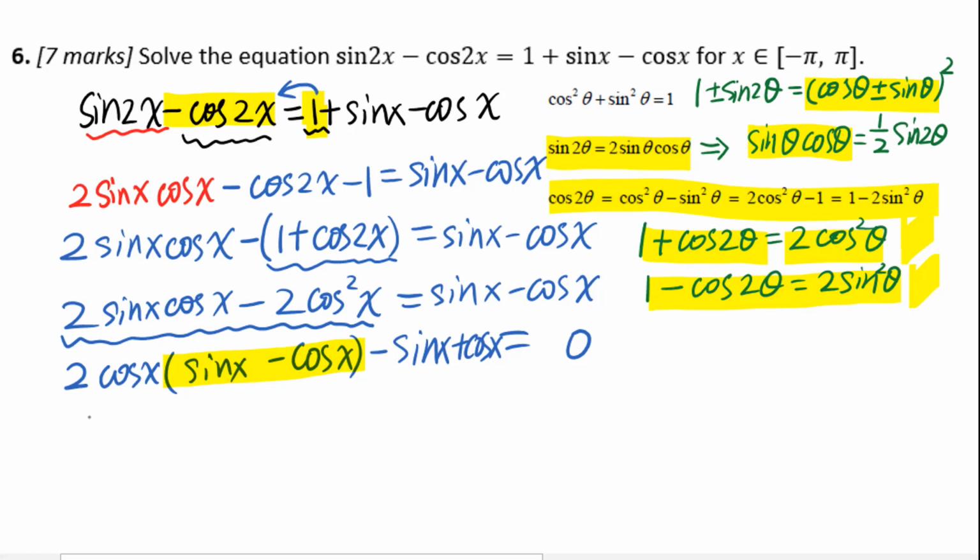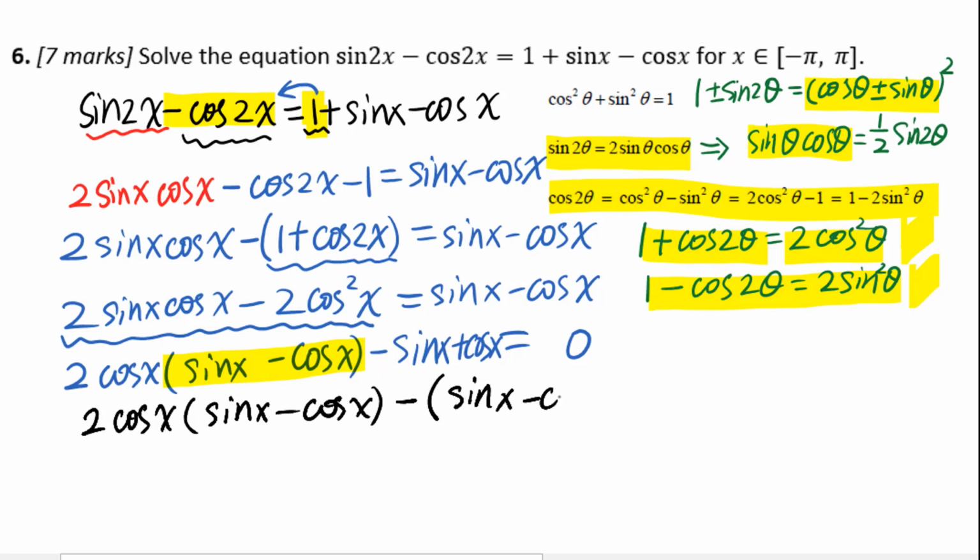Therefore, we will do 2 cosine x, sine x minus cosine x, minus parentheses, sine x minus cosine x, because we take a negative 1 outside, so you get 0.